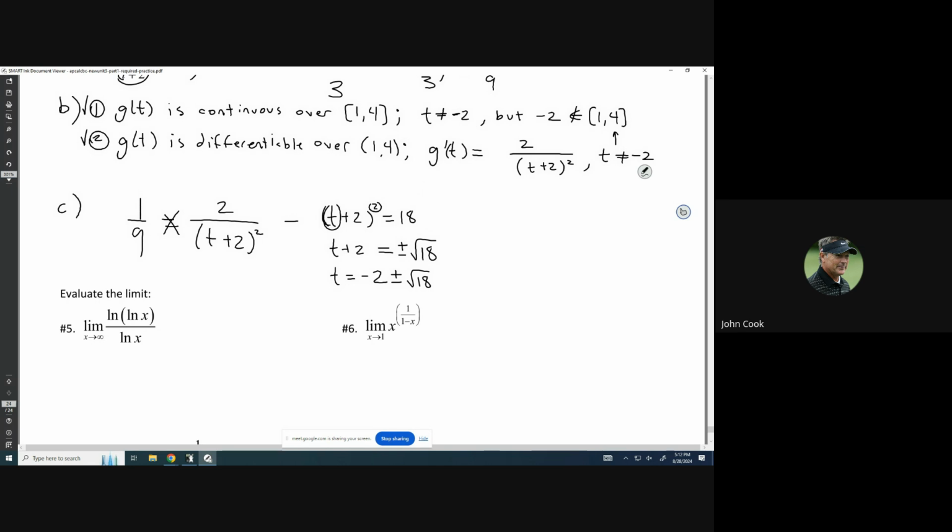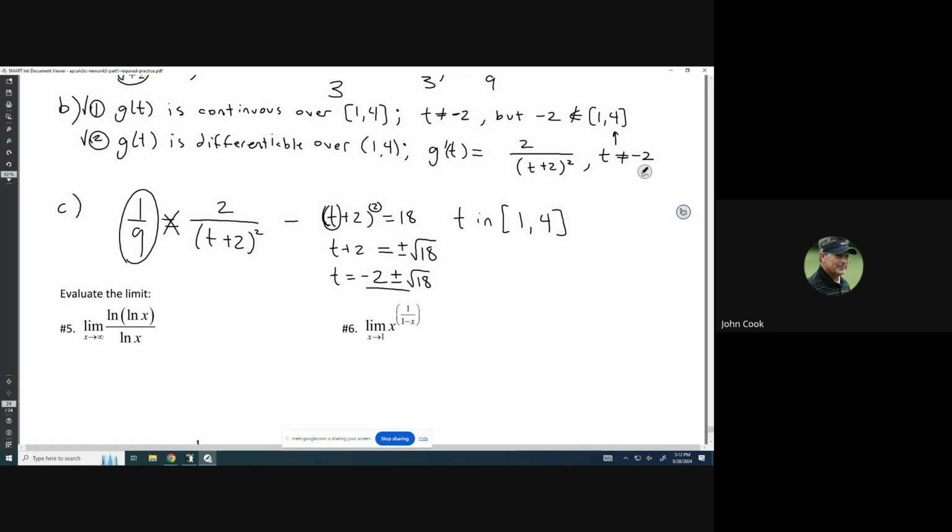Both of these numbers might get us a derivative that gives us a 1/9. That's true. But remember that the value that we're looking for from the mean value theorem needs to be in the interval from 1 to 4, right? So t is in 1 to 4.